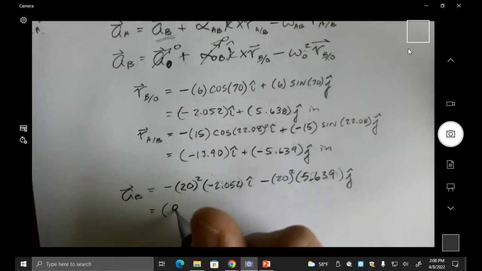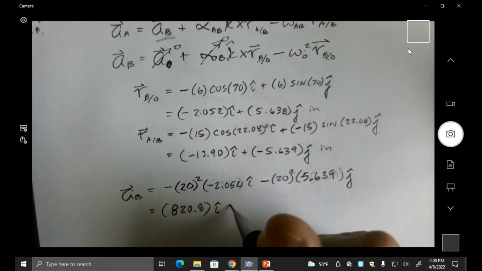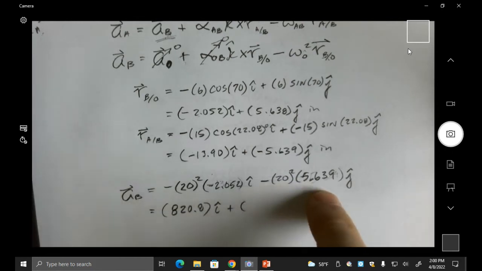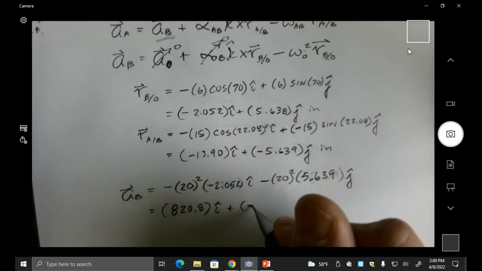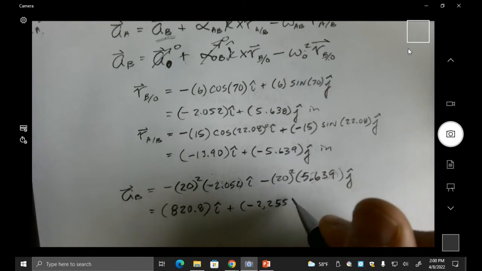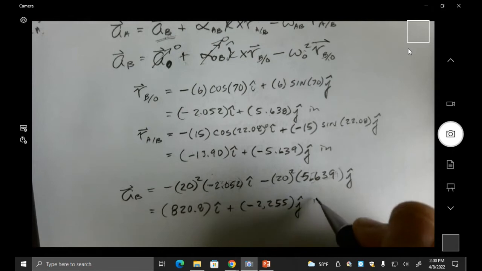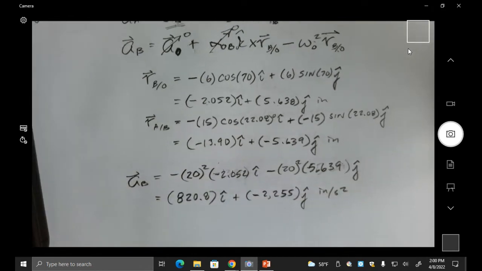So we get 820.8 I plus, that should be a negative value right there. I'll flop them there, just multiply it by 400. And we get a negative 2,255 inches per second squared.